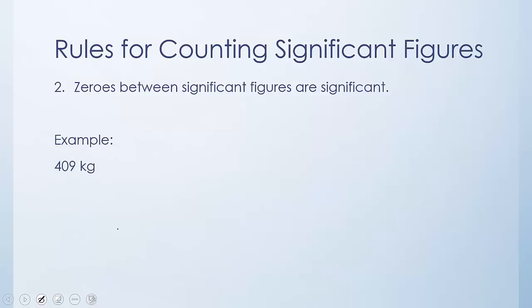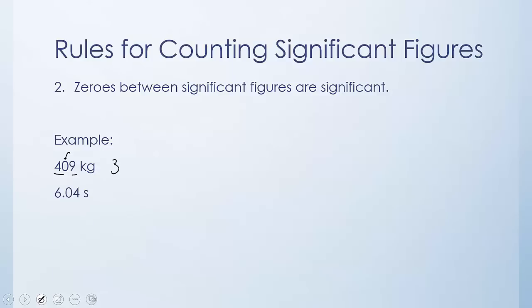So if we look at this example here, we learn from rule 1 that the 4 and the 9 are significant, and rule 2 states that anything then between significant digits is also significant. So that makes this digit here significant. That 0 there is significant. So we have 3 significant digits in that figure, 409 kilograms. Same thing applies here.